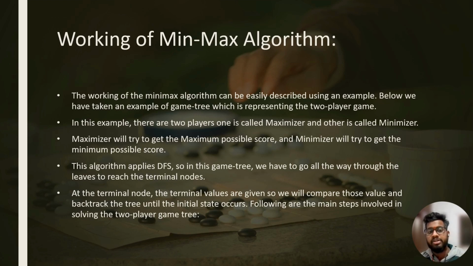Maximizer will try to get the maximum possible score and minimizer will try to get the minimum possible score. The algorithm applies DFS, so in the game tree, we have to go all the way through the leaf to reach the terminal nodes. At the terminal node, the terminal values are given. So we'll compare those values and backtrack the tree until the initial state occurs, following the main steps involved in solving the two-player game.